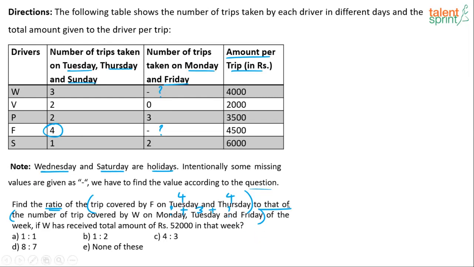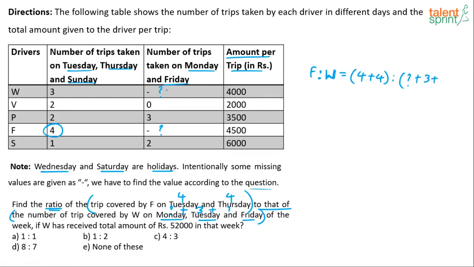So we need to find out the ratio. What ratio? F is to W ratio. F on 2 days is to W on the other days, right? So what is going to be F on Tuesday and Thursday? Tuesday and Thursday is 4 plus 4. And W on Monday, Tuesday and Friday. Monday I do not know what the value is, so it's a question mark. Tuesday it is 3.